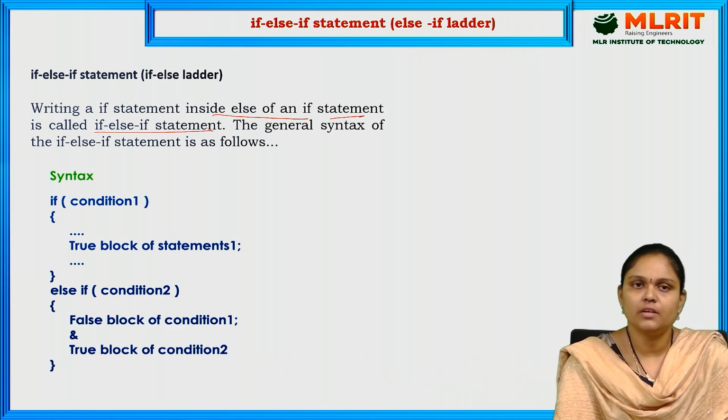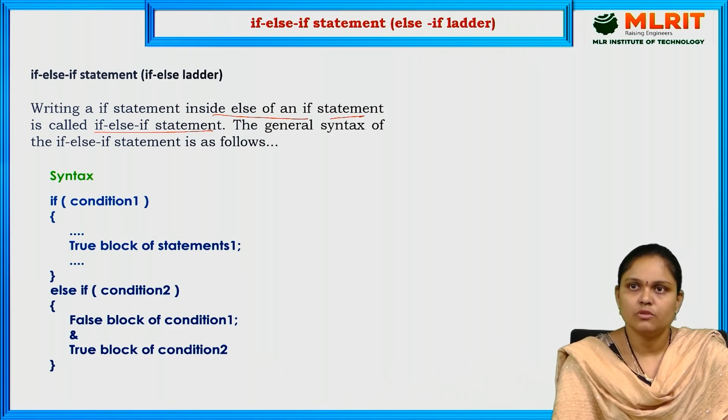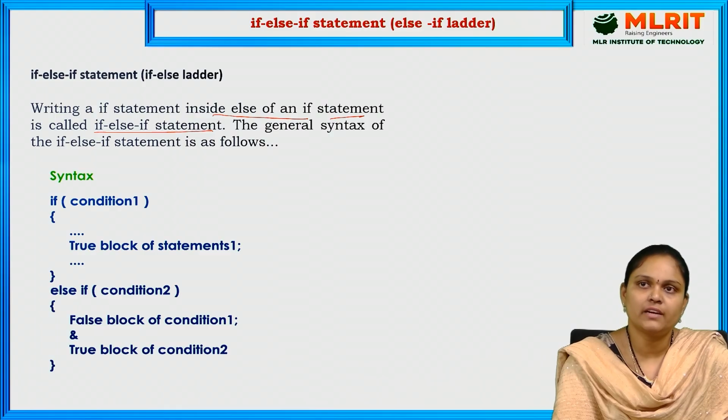For example, take an ATM machine. If you insert a card, you will find multiple options, either to withdraw the amount, deposit the amount, find the bank statement, or check the balance. These are the 4 options that we have, and you select one. In the same way, the if else if ladder also acts the same.